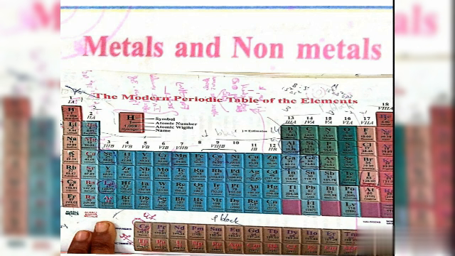Next, the second A group elements. Beryllium, atomic number 4, is 1s2 2s2. Magnesium, atomic number 12, is 1s2 2s2 2p6 3s2. Calcium, atomic number 20, is 1s2 2s2 2p6 3s2 3p6 4s2.